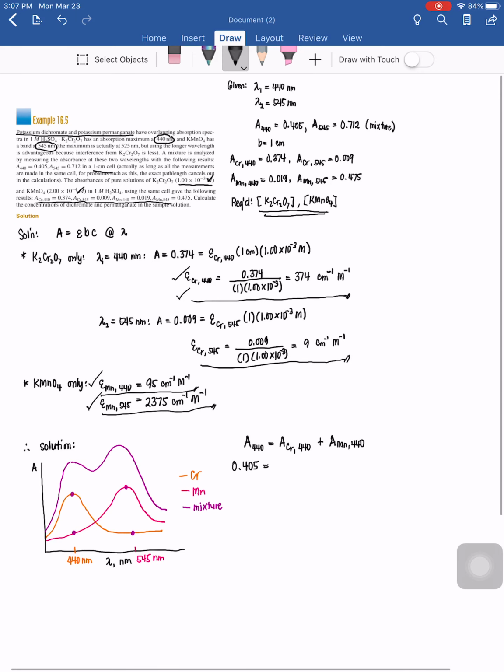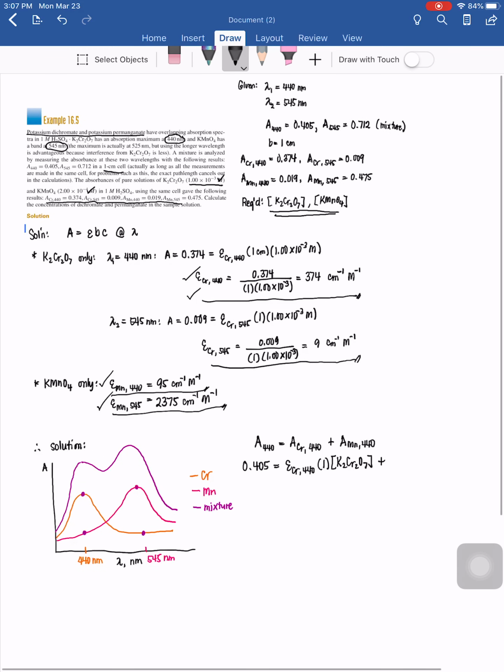That should be equal to the molar absorptivity of our chromium at 440 times B, that's still equal to 1, times the concentration of your potassium dichromate, plus, again using the Beer's law equation, the contribution of the permanganate is given by the molar absorptivity at 440 nanometers times B times the concentration of the permanganate.